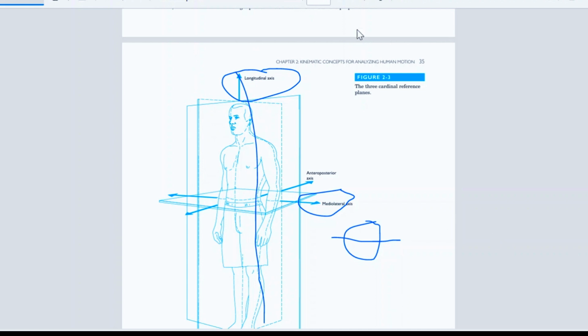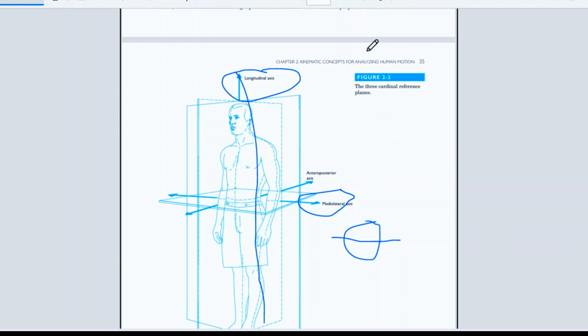If you take the human body as an example, the longitudinal axis is like this.